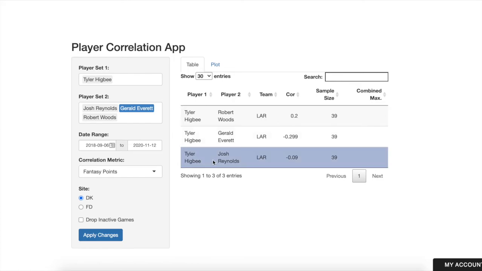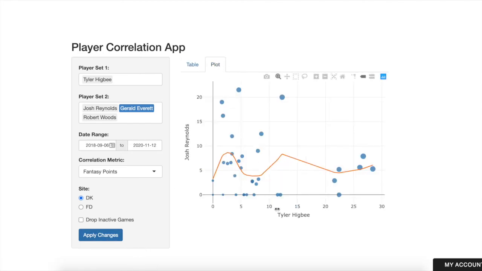But I also landed on Josh Reynolds as a possible player who might have an elevated role if Higbee was out. In application, you see that some of these games in which Josh Reynolds had a minimal role, like these ones out here and right here, are games in which Higbee had a really solid game.